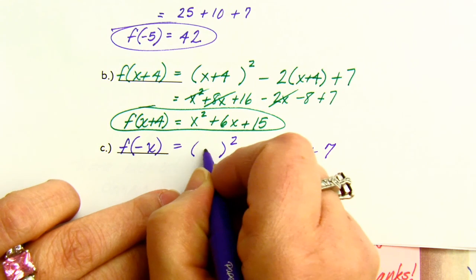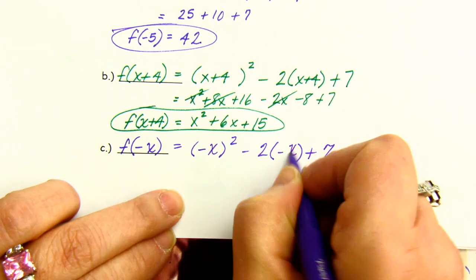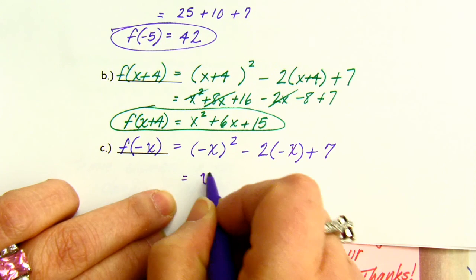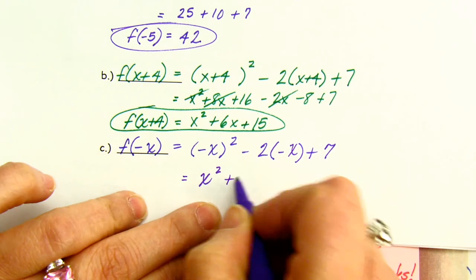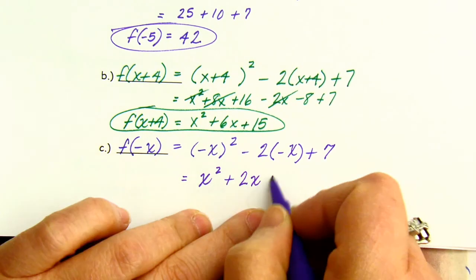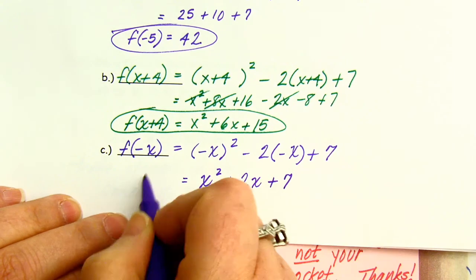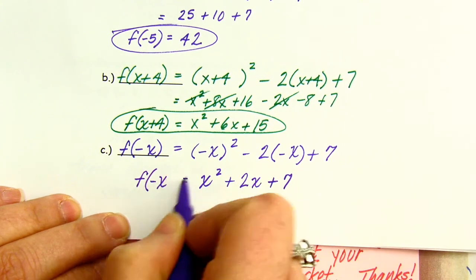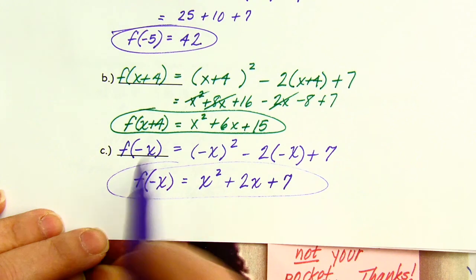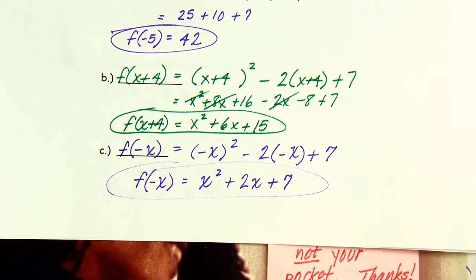Okay, negative x. When I square a negative, it's positive, so that's positive x squared. This is going to be positive 2x, and this is positive 7. So f of the opposite of x equals x squared plus 2x plus 7.